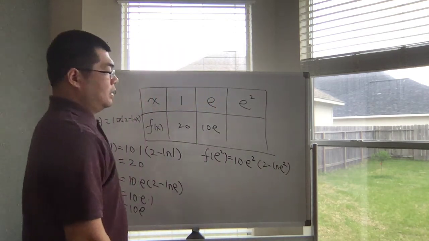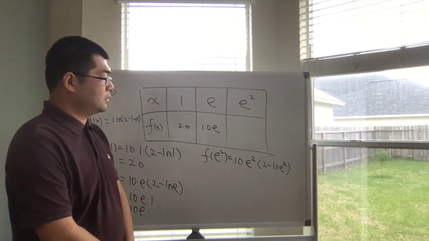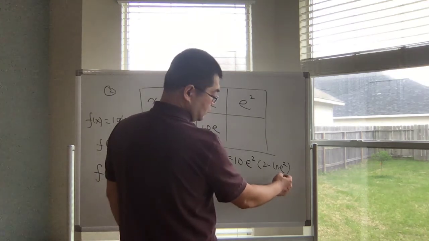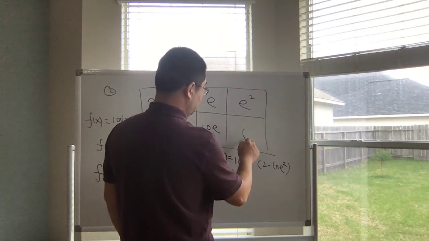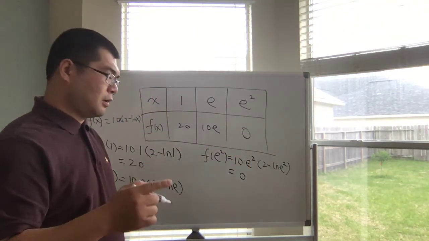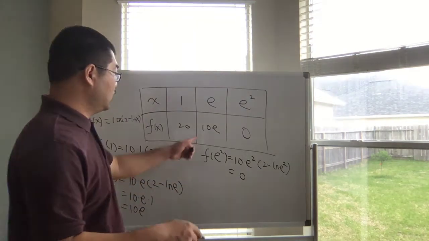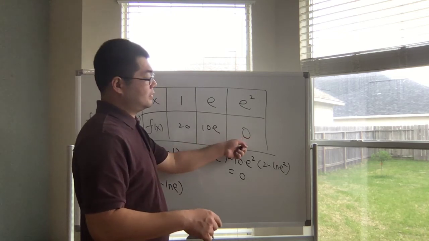Ln of e squared is 2, so 2 minus 2 is 0. And e is approximately 2.718, so 10e is definitely the largest number, and 0 is the smallest.